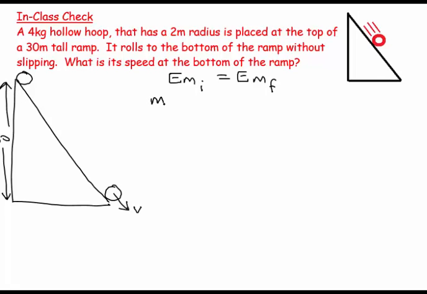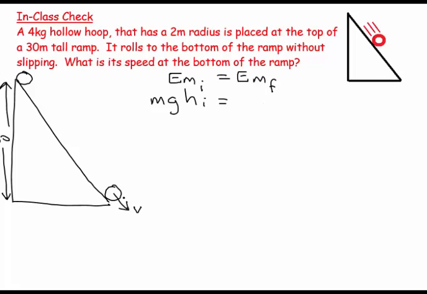So this would be mgh, h initial, is equal to, forget about kinetic energy because it starts off stationary, and then this is going to equal the end position, at the bottom of the ramp, so we can forget about the gravitational potential energy.